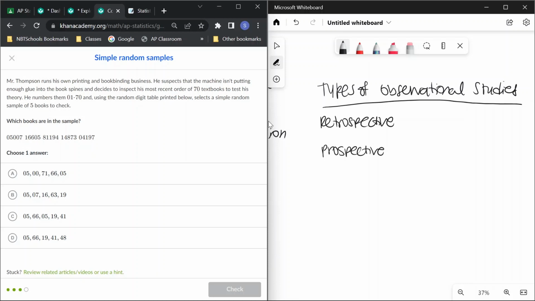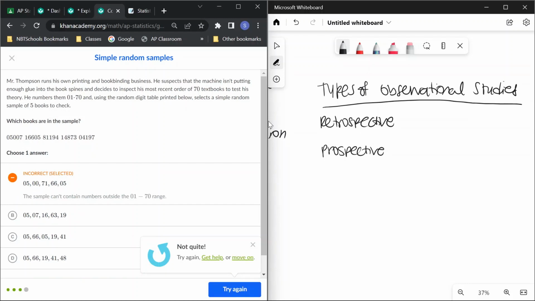Oh, 2 digits. Okay, 2 digits. So 0, 5, 71, 0, 5, 0, 0, 71, 66, 0, 5, since it's doubled. No! It can't contain 0, 0.